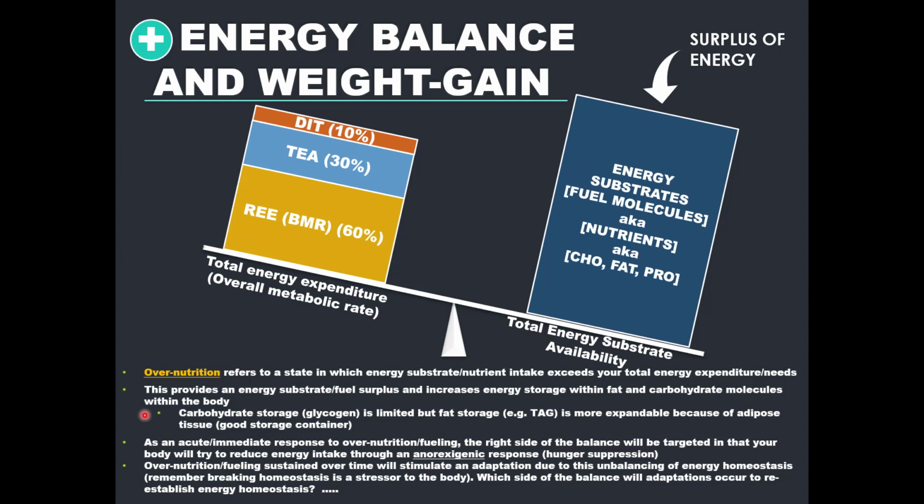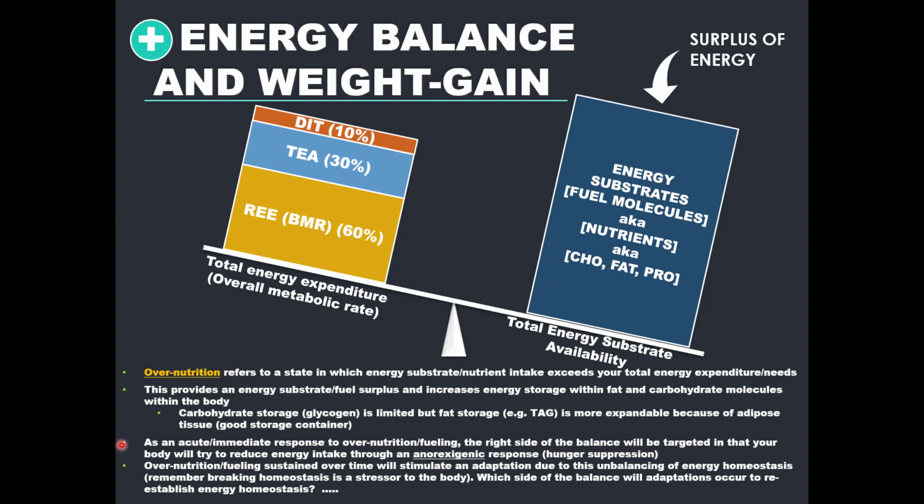So with that said, whenever there is a surplus of energy through the fuel you consume through your nutrition, the body likes to store it in our fuel reserve tank, adipose, in the form of fat.